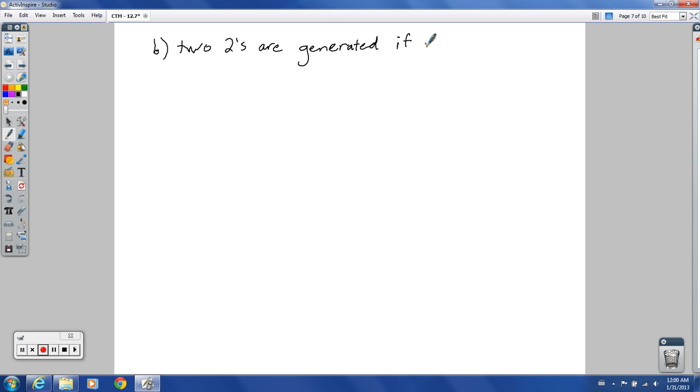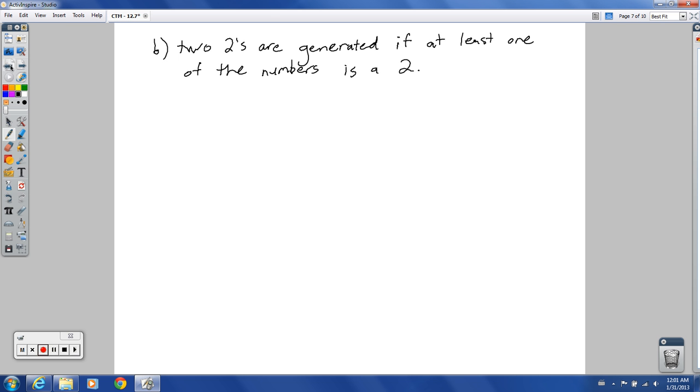So 2 2s are generated if at least one of the numbers is a 2. When you see this word if in the context of a probability problem, you can essentially replace that with given that at least one of the two numbers, or at least one of the numbers is a 2. And so you could restate it like that. 2 2s are generated given that at least one of the numbers is a 2.